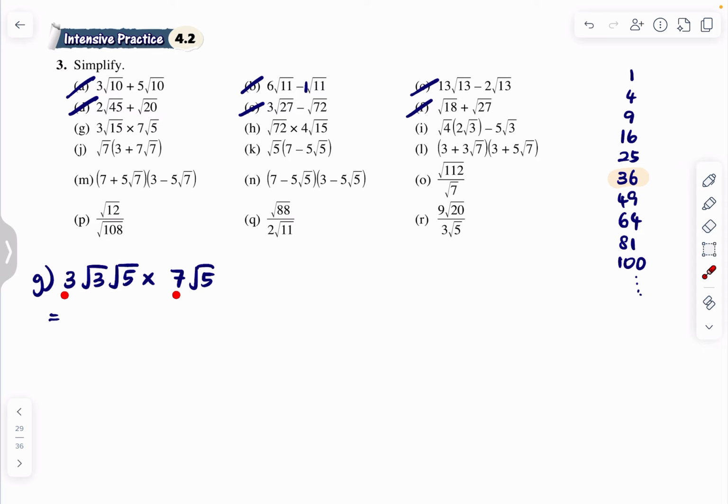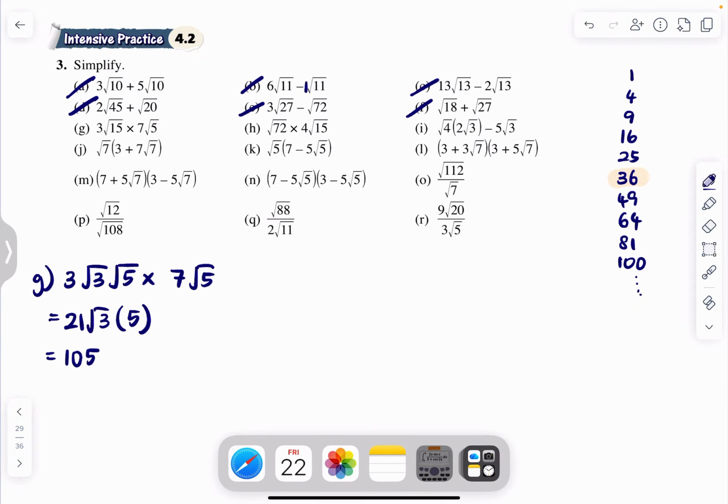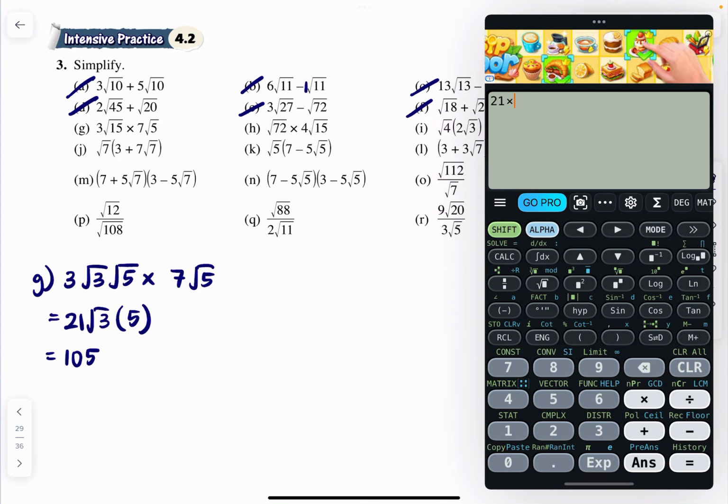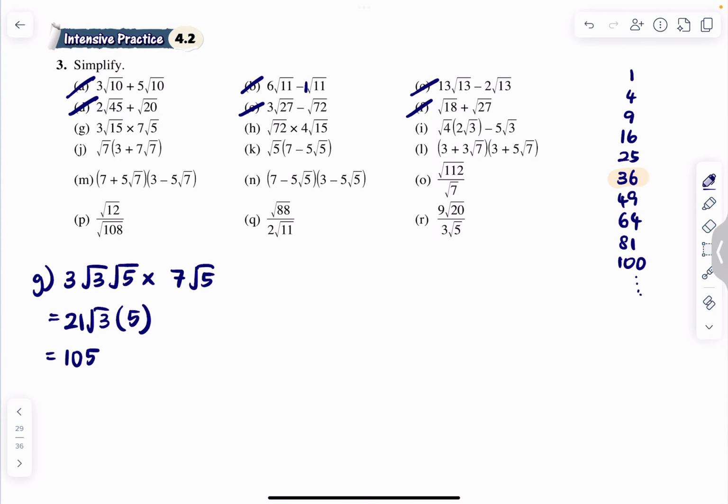So 3 times 7 is 21 surd 3. Okay, so 3 cannot do anything now. Surd 5 times surd 5, we can make it into 5. So 21 times 5 is 105. And then we have surd 3. So 105 surd 3.